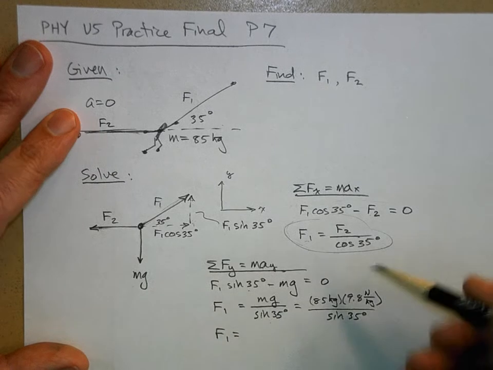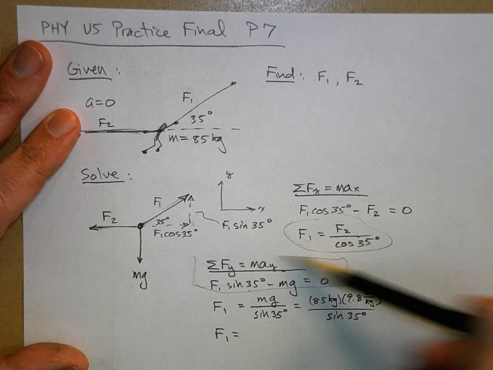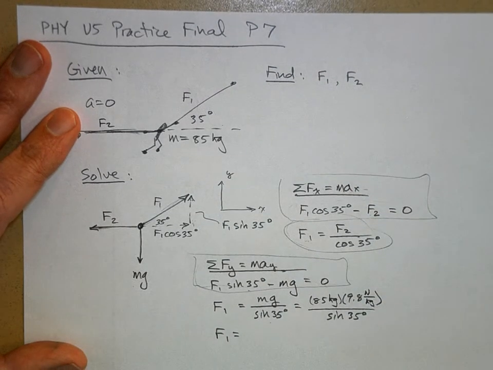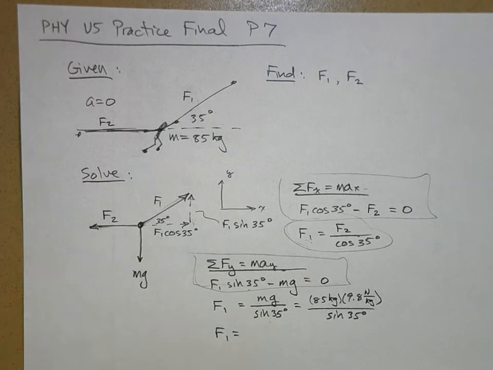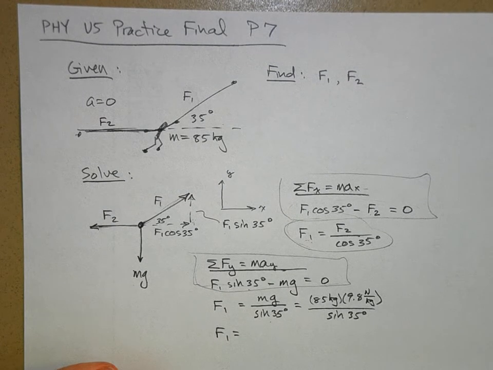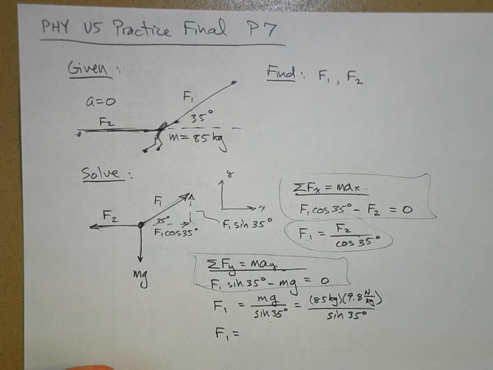See, now I'm doing step 5. Doing this, that's step 4 of the procedure. And then step 5 is just doing the algebra to solve for your unknowns. So F1, well, let's see, we're ready for that. That's 85 times 9.8. And then we're going to divide that by the sine of 35 degrees.